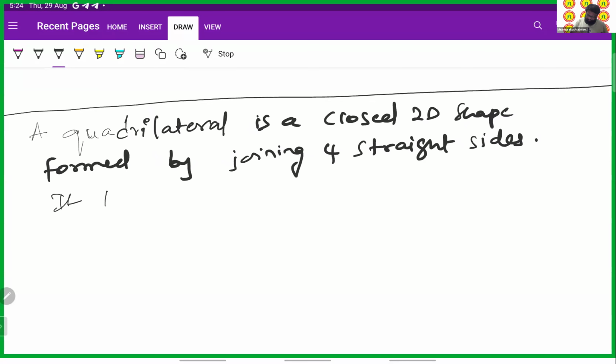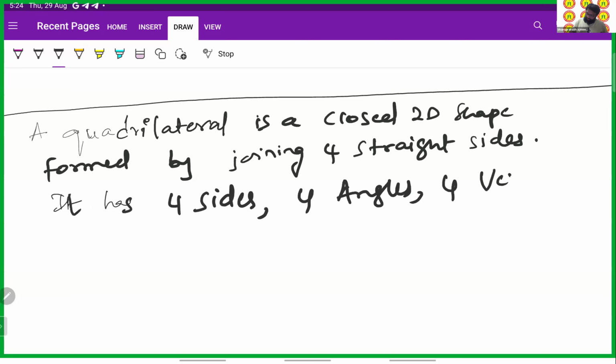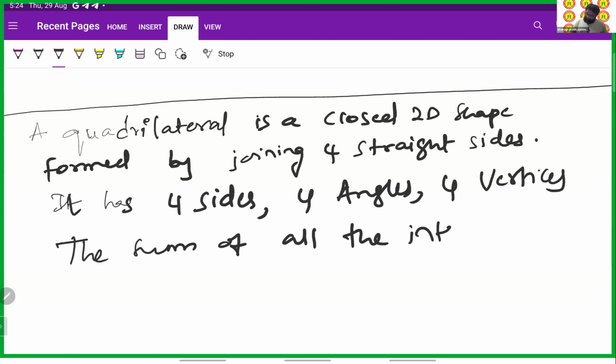It has four sides, four angles, and four vertices. The sum of all the interior angles is 360 degrees. Okay.